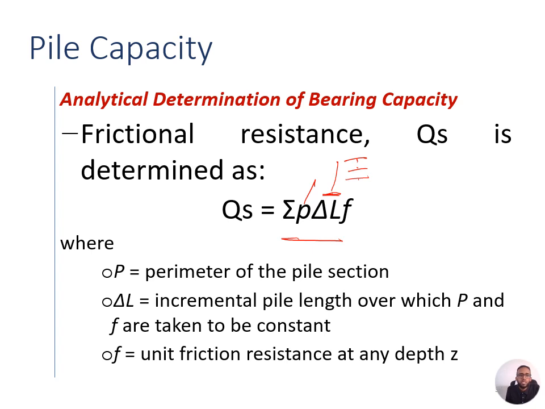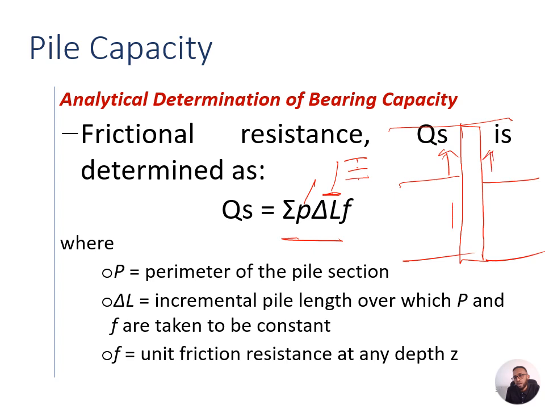So this equation sums the contribution of the frictional resistance along the length of the pile. For example, let's say you have a pile like this, and this pile has two different layers, so the frictional resistance is resisted by the sides here. So this plays a key role. Let's say the cross-section is circular.